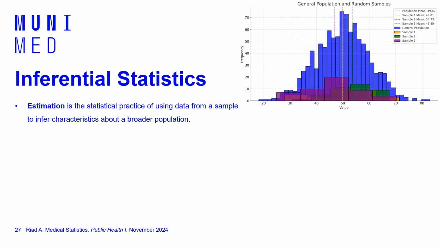So it's not easy all the time to make sure which sample was the closest to the general population mean. And remember that in real life, in epidemiological studies or even in clinical trials, you cannot see the general population. You cannot examine everyone, as we said. So you will keep relying on the samples, and you need some methods to tell you how far or close your sample is to the general population or the true population metric.